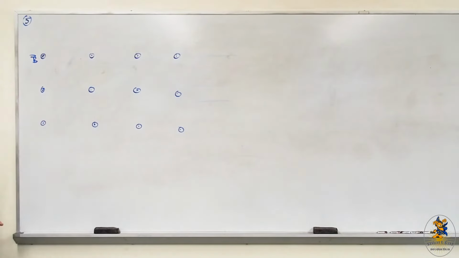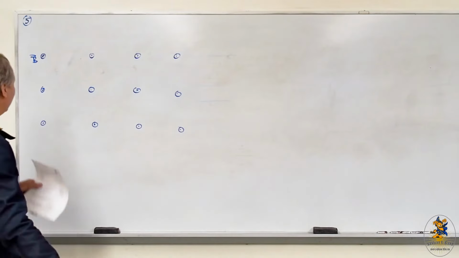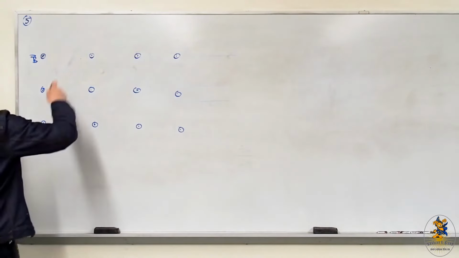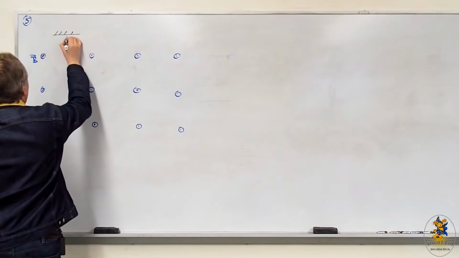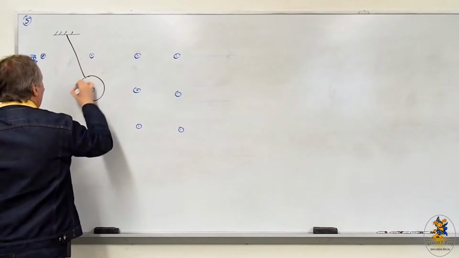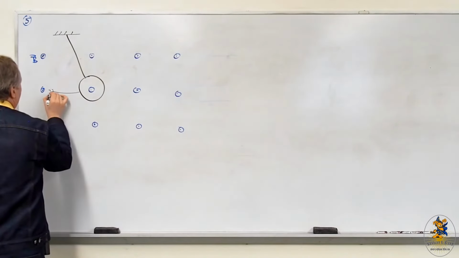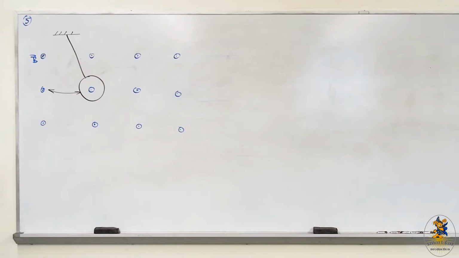Basically, if you attach it to a string. Let me draw it like this. So let's say this is the ceiling. And here there is a cord and our loop oscillates like this. That's the loop, a conducting loop.